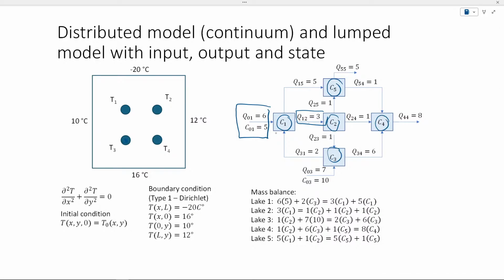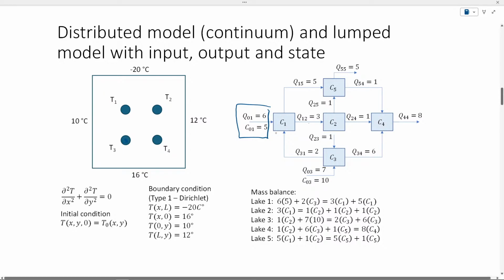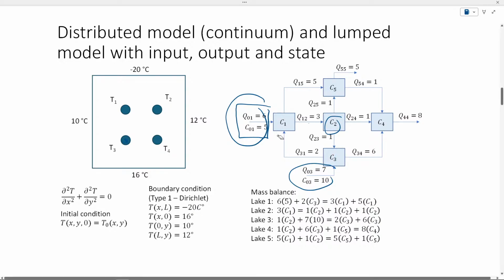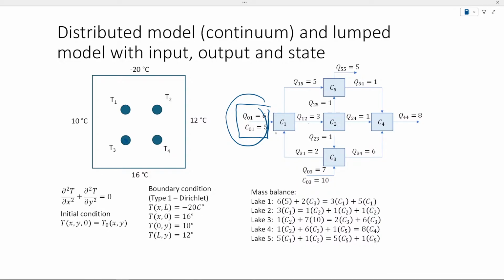This could be a connected lake, connected tanks, or connected reactors, which have some input like concentration and flow, and then they have output. I have some input here and here, and I want to see the concentration here, here, and here. That's called a lumped system because it is not spatially distributed like the other system.